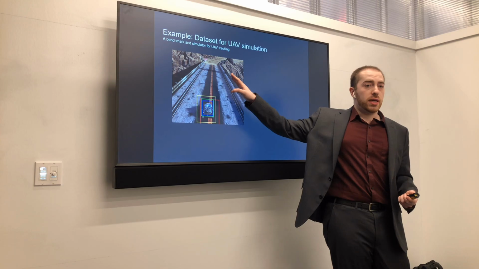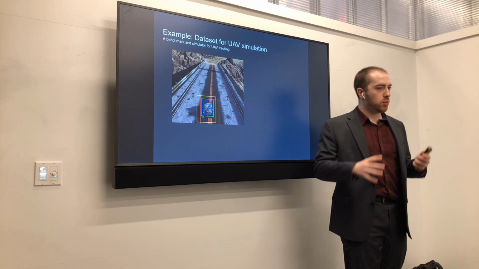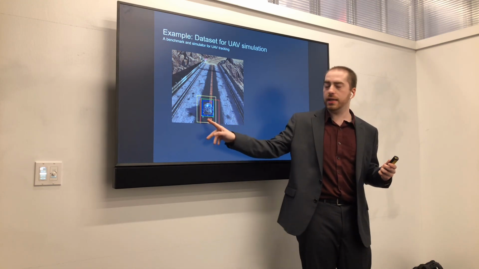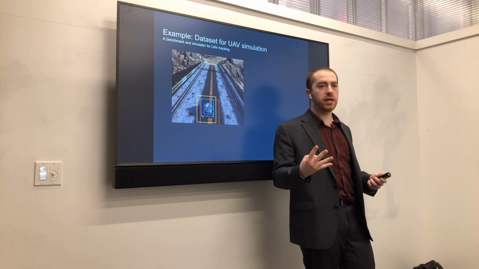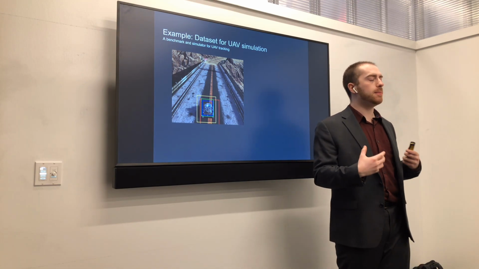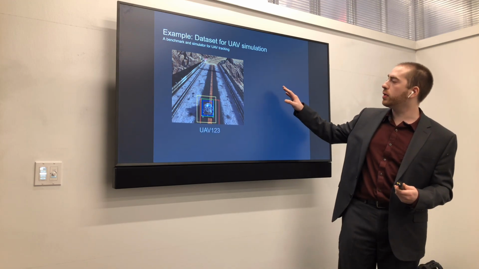Data set for UAV simulation. So we want to be able to train drones to operate through an environment. And so they took a tracking data set with basically a bounding box of an object that you're interested in and evaluated it on 4 different metrics that exist for 4 different algorithms for performing those tracking algorithms.